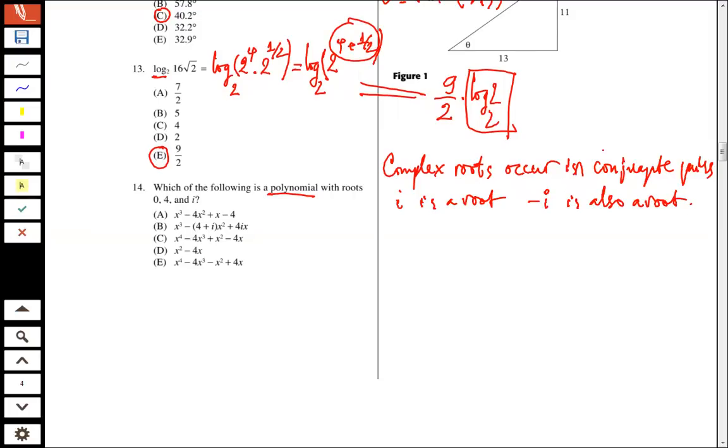I can give another example: if 3 add 4 times i is a root, therefore 3 subtract 4 times i is also a root.